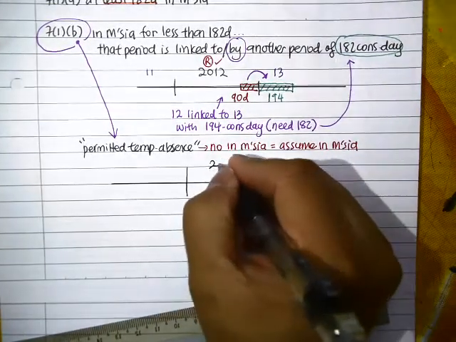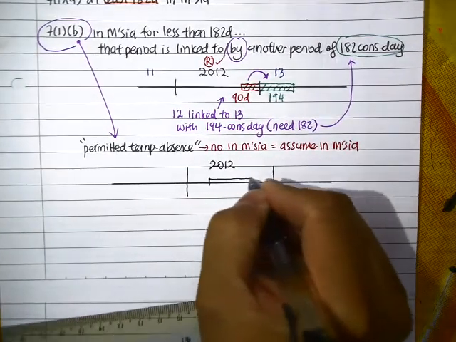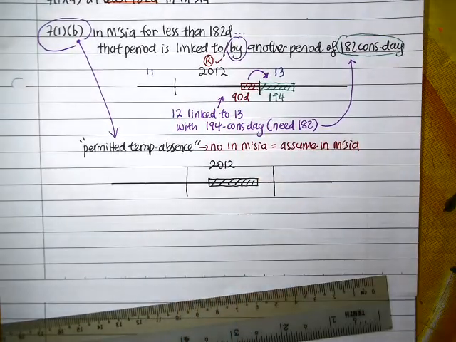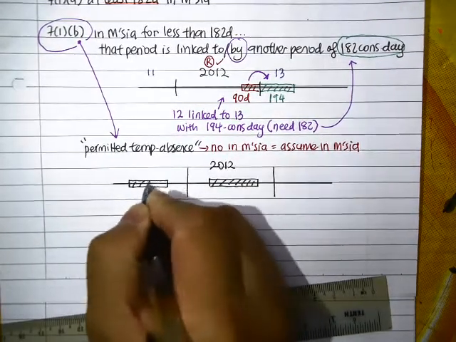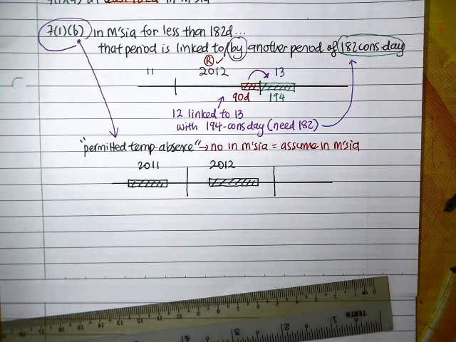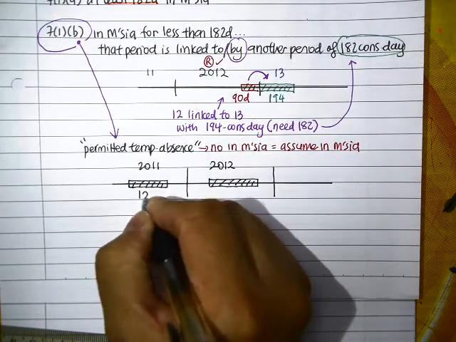Okay, let's say now we have 2012 again. Now let's say I'm in the country like that, in the middle of the year. Alright? Now this time, I'm telling you that in 2011, I'm also in the country in the middle of the year. Now, 2011, I'm in the country for 120 days.